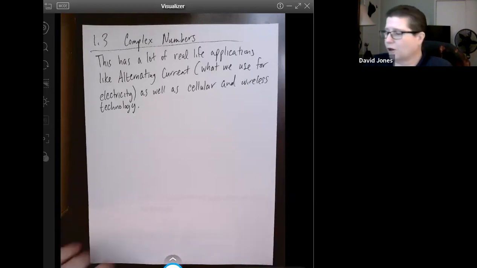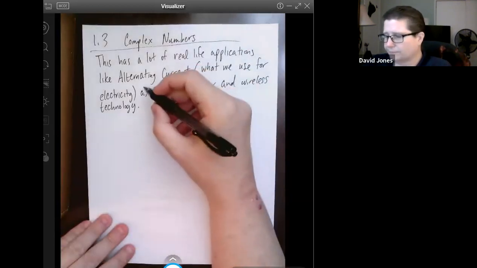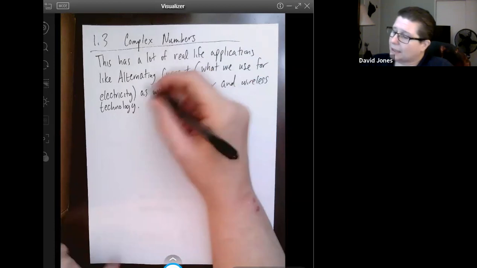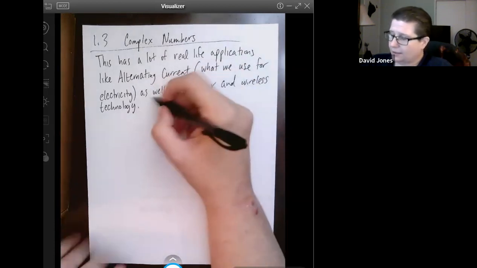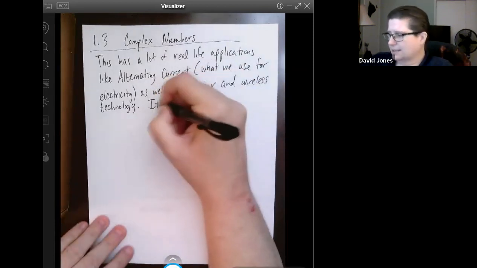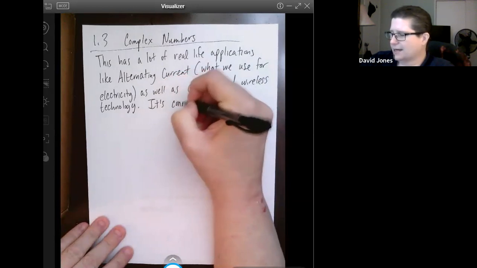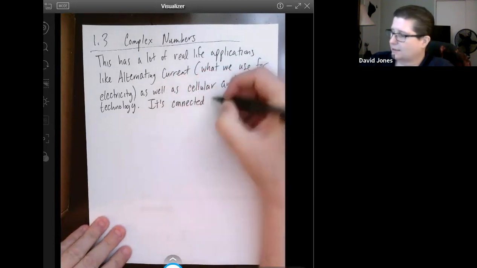If you go far enough down the rabbit hole of math, it's connected with anything related to sine and cosine waves.